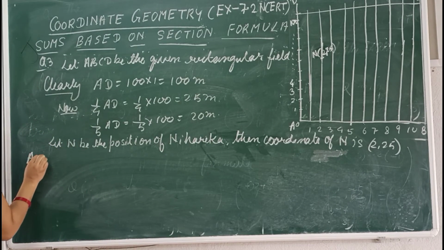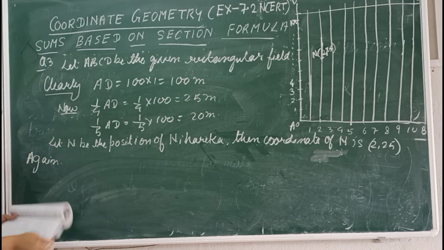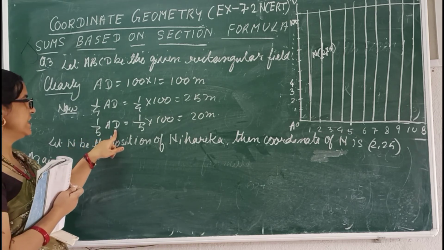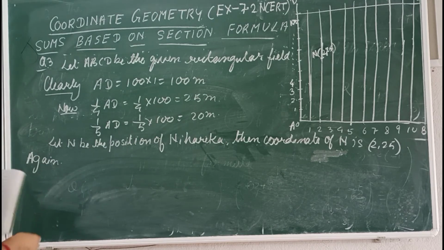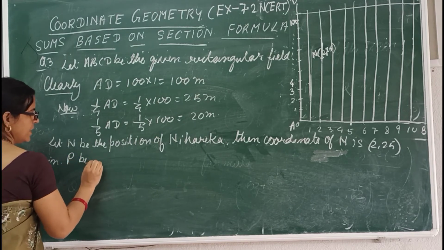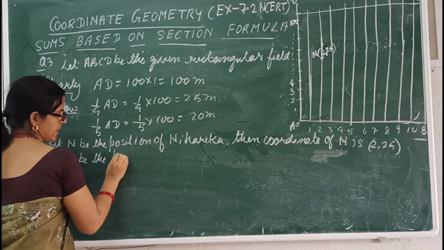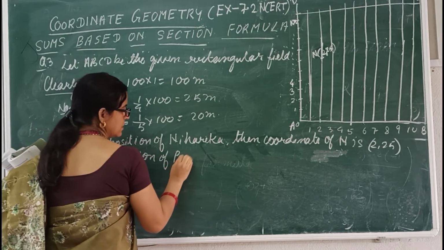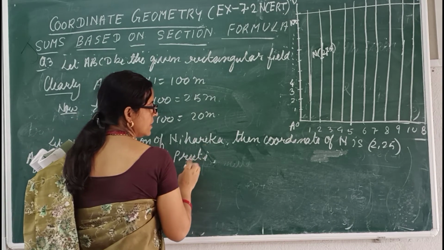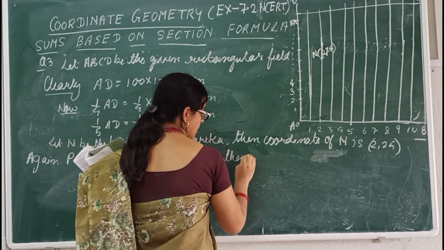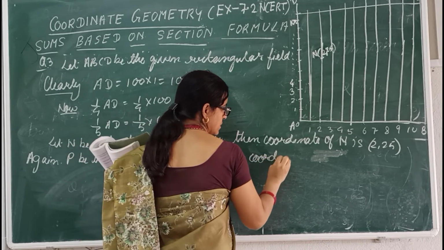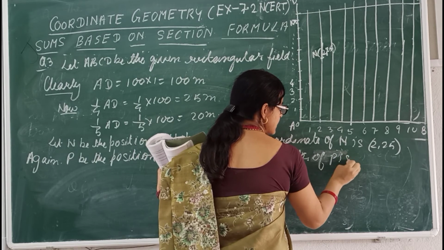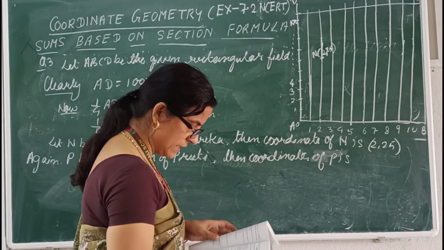Again, one more girl is there. Preeti runs 1/5 the distance of AD. So 1/5 distance AD we have calculated as 20 meter. So let P be the position of Preeti, then coordinates of P is, now Preeti is running in which lane?